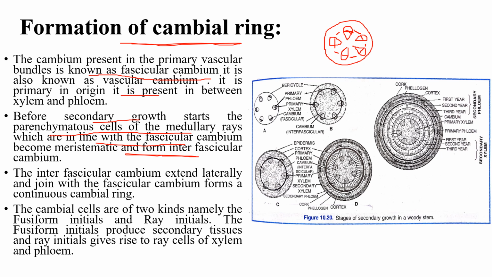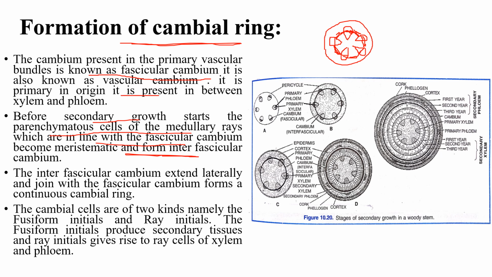They become meristematic and join with each other like this. So this cambium joins with each other by forming interfascicular cambium. So at last, a ring is formed.